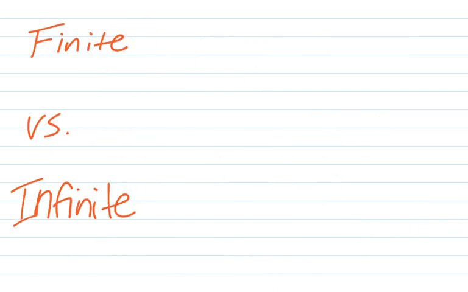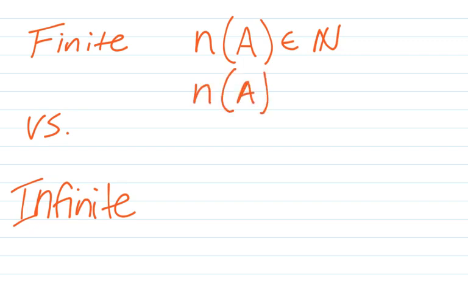Okay, next thing we want to look at is what's the difference between a finite set and an infinite set. For a finite set, this all comes down to cardinality. If the cardinal number is a natural number or 0, so if the cardinality of a set A is in the natural numbers, or the cardinality of a set A is equal to 0, then it is finite.